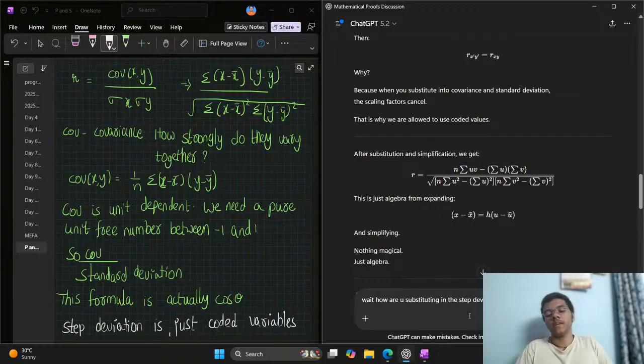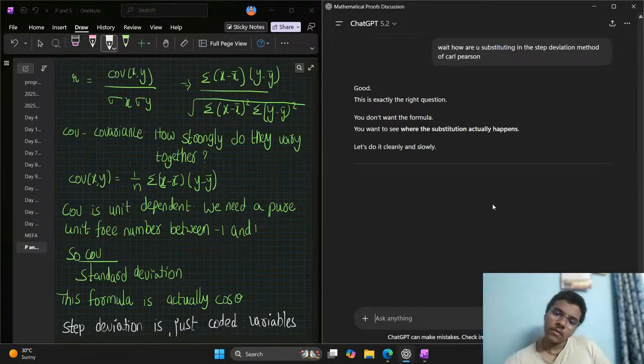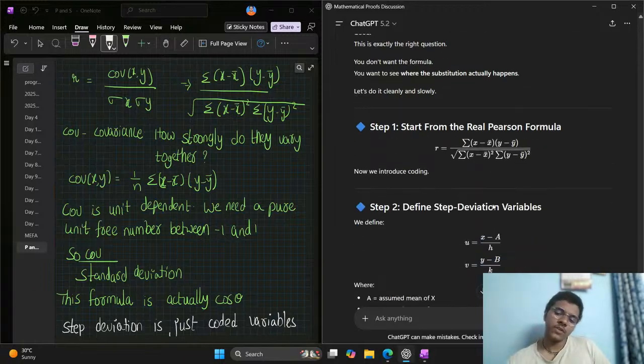Oh wait, is it Spearman? No, Karl Pearson. Yes. You don't want the formula; you want to see where the substitution actually happens.